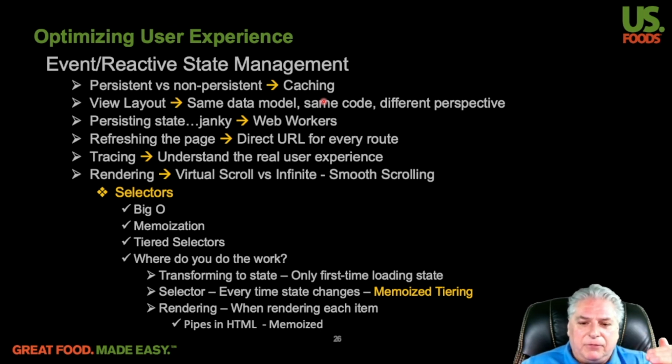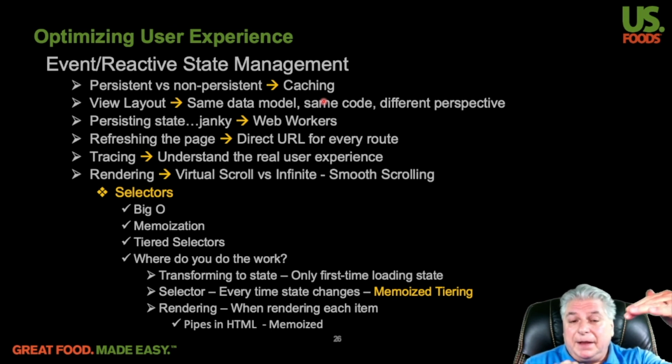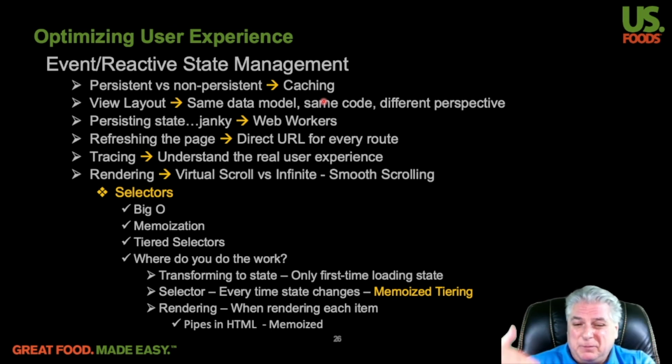But if you move off of that view and you come back, you can get to that selector, maybe from a filter perspective. Filter would be at the top because the user would change it a lot, but figuring out all the product details and attributes and pulling that all together, that would be the same every single time. So think about how you're tiering that and how the memoization is going to help you there.